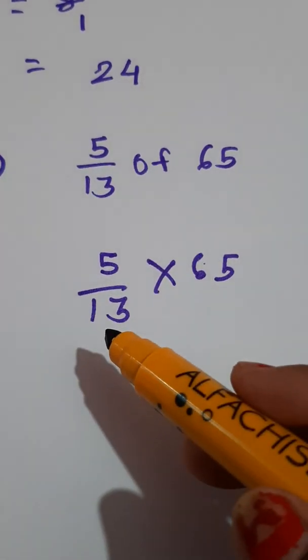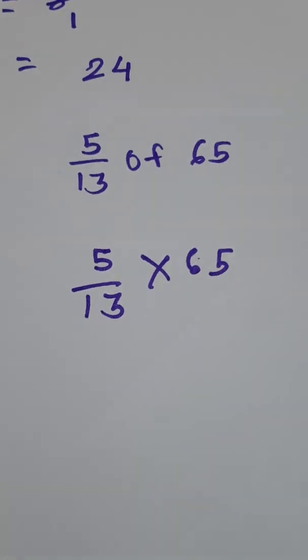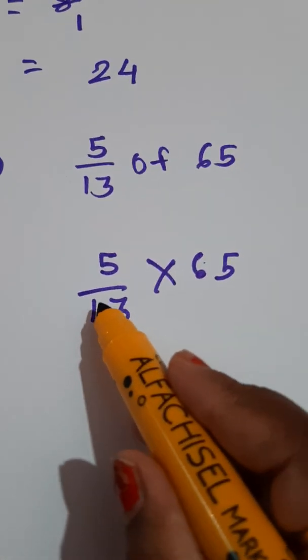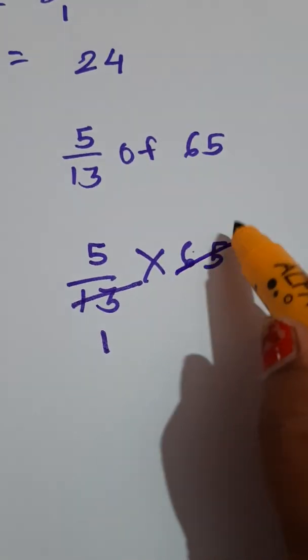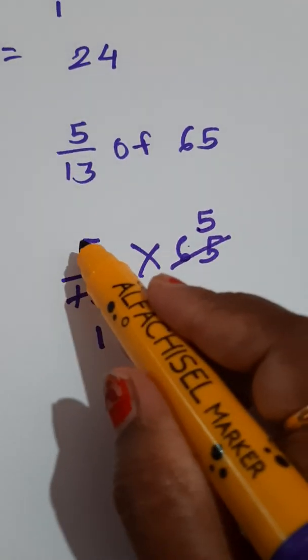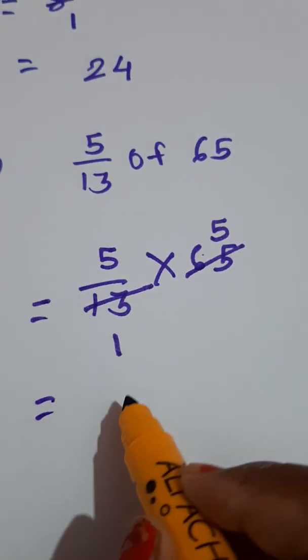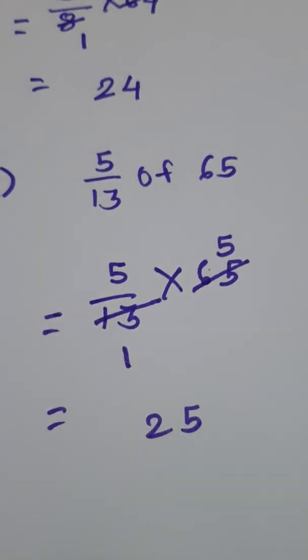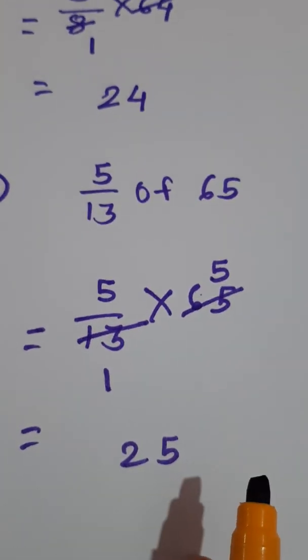If you learn the 13th table, as soon as you read the problem, you get it. 13 fives are 65. 13 ones are 13, 13 fives are 65, and 5 into 5, 5 fives are 25. So 5/13 of 65 is 25.